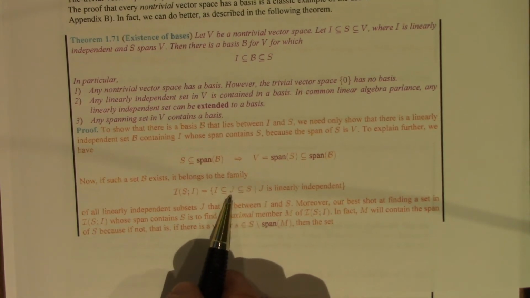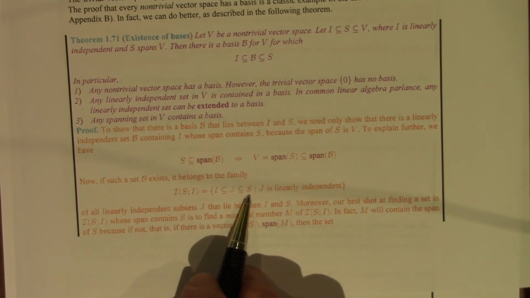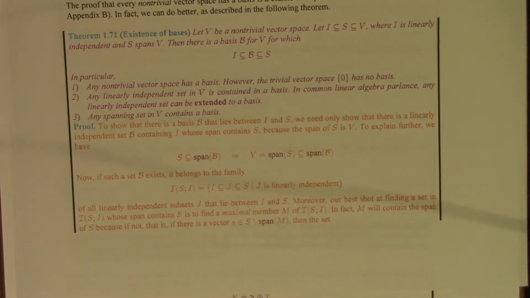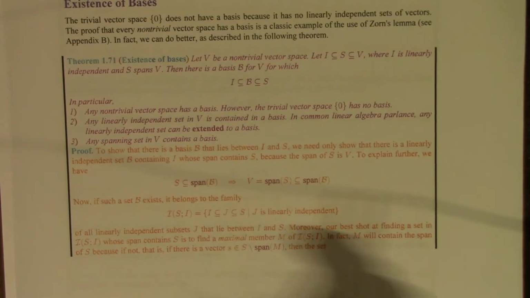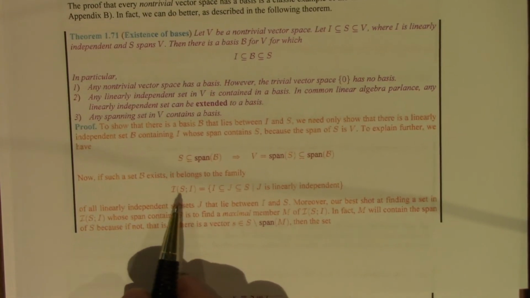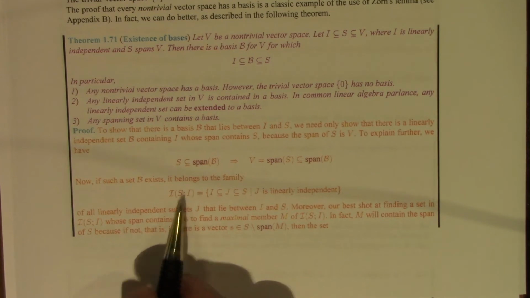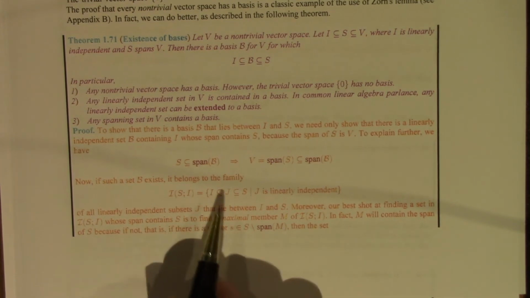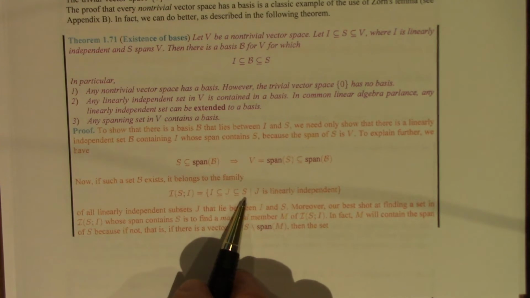B would have the special property that its span contains S. So we're looking for a member of this family with a pretty large span. So our best shot at finding that is to find a maximal member of this family. And hopefully the span of that member, let's call it M, will contain S.